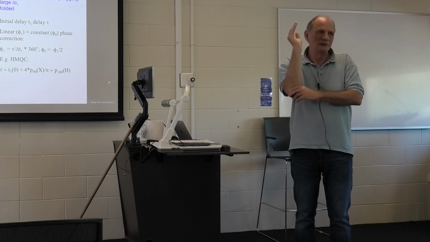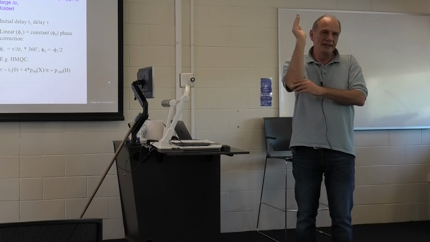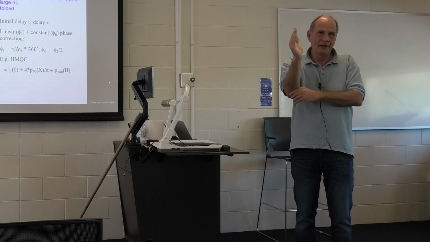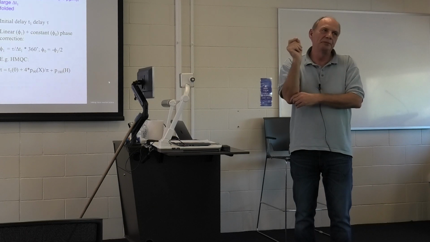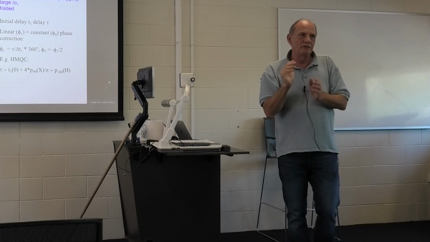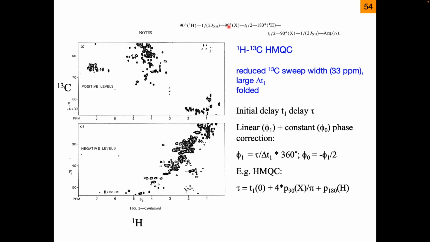And now would be a good exercise to calculate, for a rectangular pulse, the effective evolution time that is happening during the pulse: it is exactly 2 divided by pi times the 90-degree pulse length. So if I want to calculate the initial delay that we call tau here, this would be the T1 of 0 that I have set in the program, plus the length of the 180-degree pulse, that is also clear.